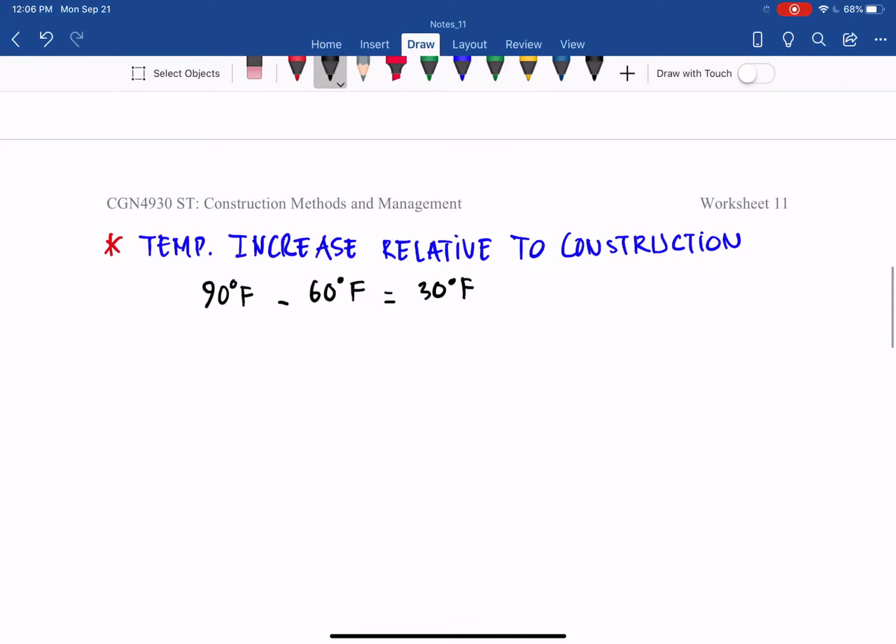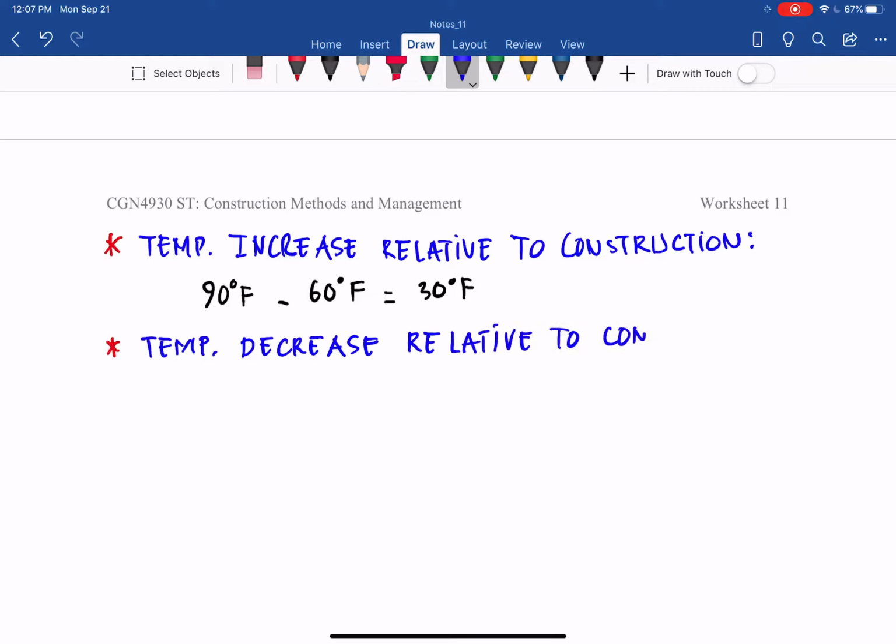We can also find the temperature decrease relative to construction.